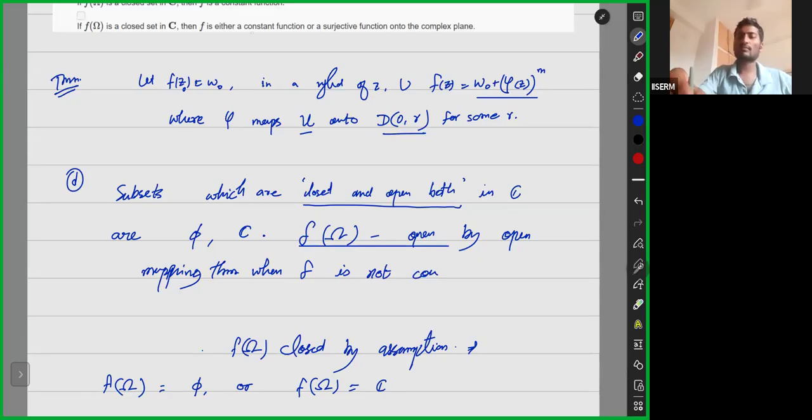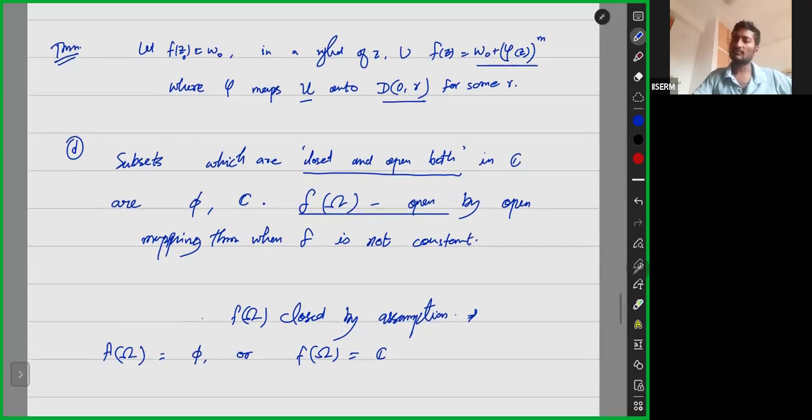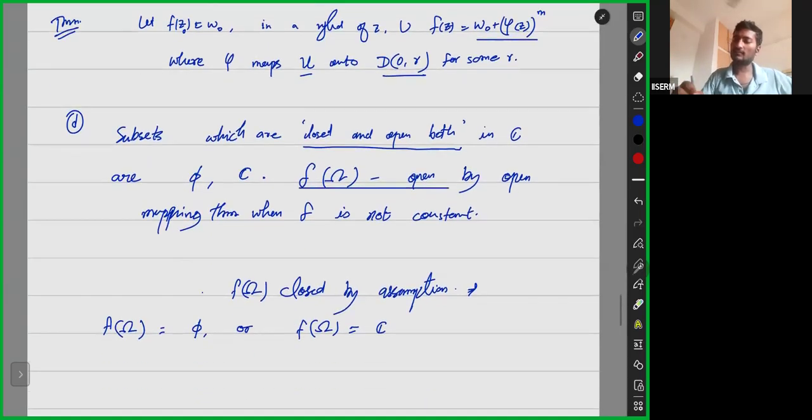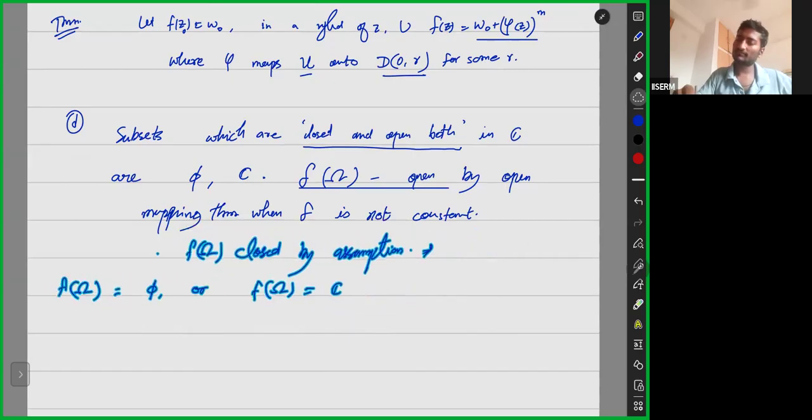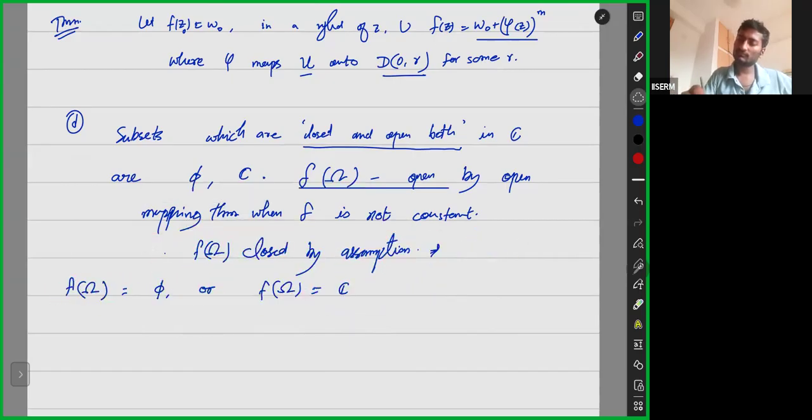If it is constant, one case is done, right? If it is non-constant, what happens? F of omega is open, and f of omega by assumption is closed. This will imply f of omega is empty or whole of C.